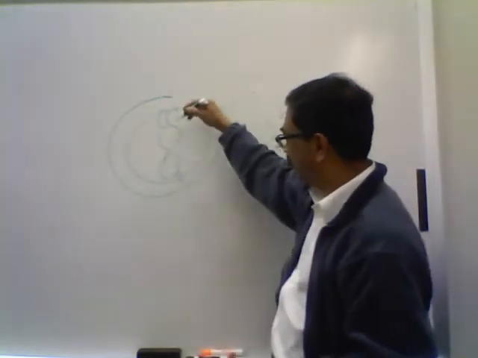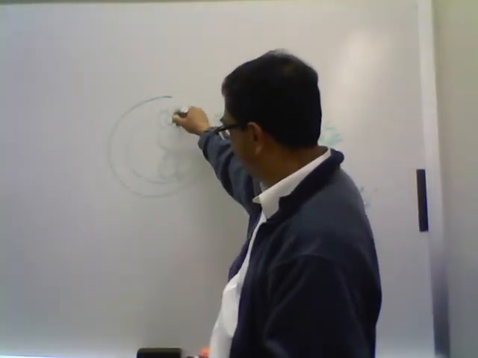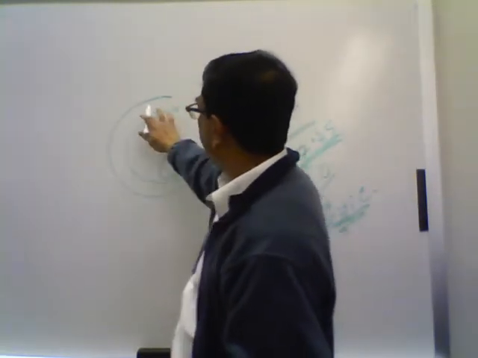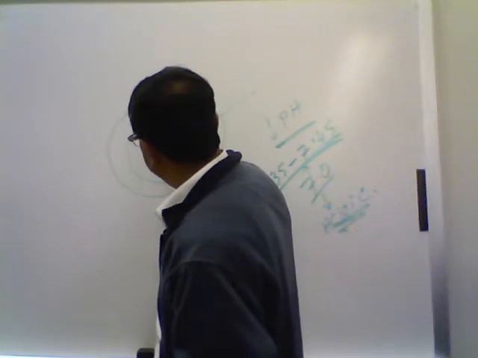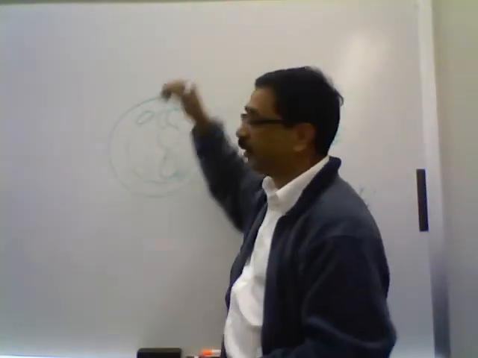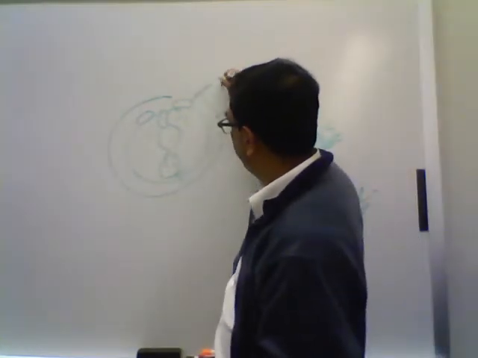Your liver, your spleen, your small intestine, large intestine, stomach, all those are inside the peritoneal cavity. But there are a few organs that are outside of the peritoneum. Those are called retroperitoneal. So retroperitoneal organs include the kidneys.